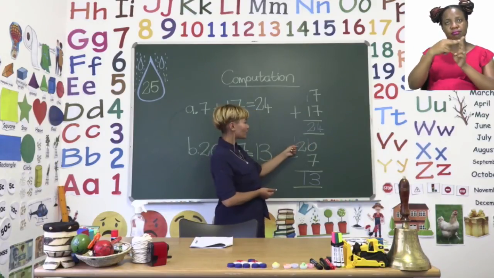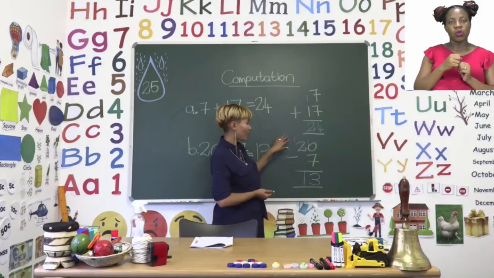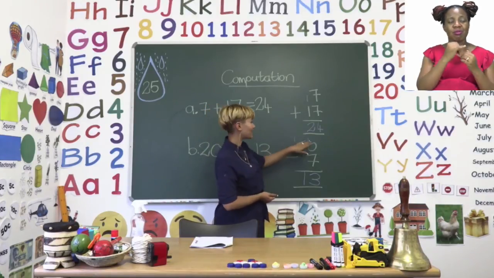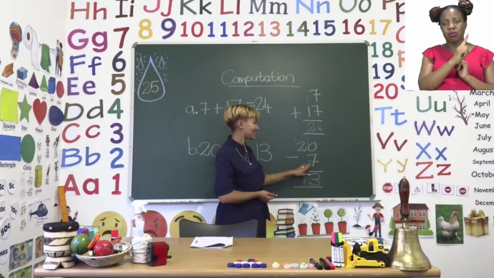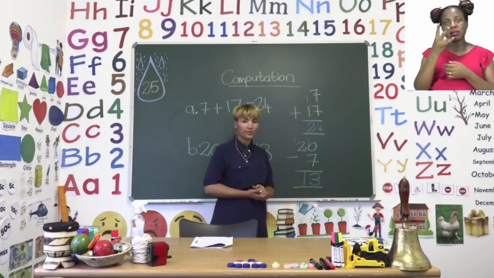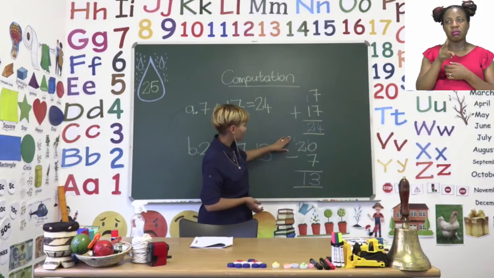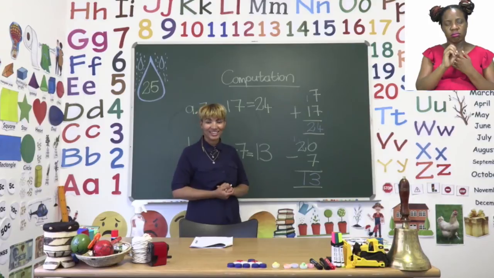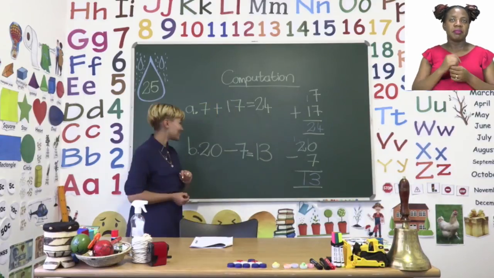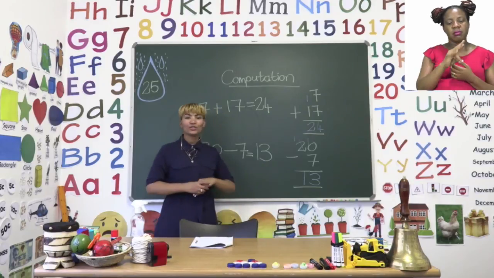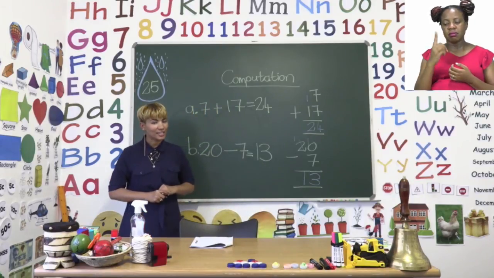So we borrow 1 from 2, which means we have 1 left over. Now we have 10 minus 7. And 10 minus 7 is equal to 3. And 1 minus 0 is equal to 1. And that shows us that 20 minus 7 is equal to 13.